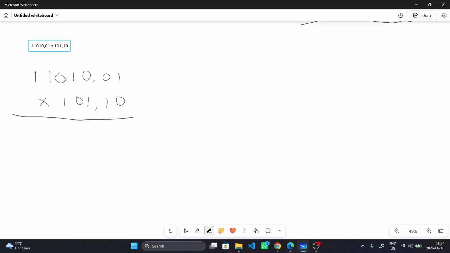So this is our multiplication, right? Here I will show you a trick for how it works. The first thing we do is multiply it as it is. So we start with 0 times 1, which is 0, then 0 times 0 is 0.